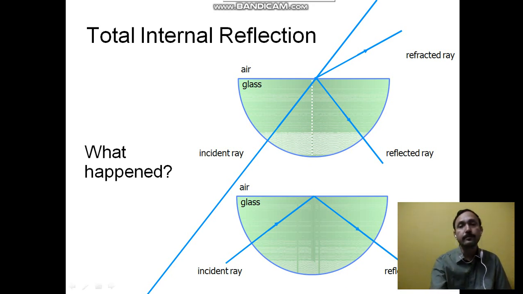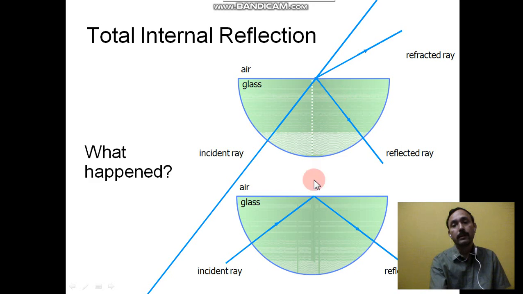So what happened? This is the incident ray, and this one is glass. Glass is optically denser and air is optically rarer. So this light is falling on the interface between air and glass. Some part of the light will be refracted and some part is reflected from this plane.